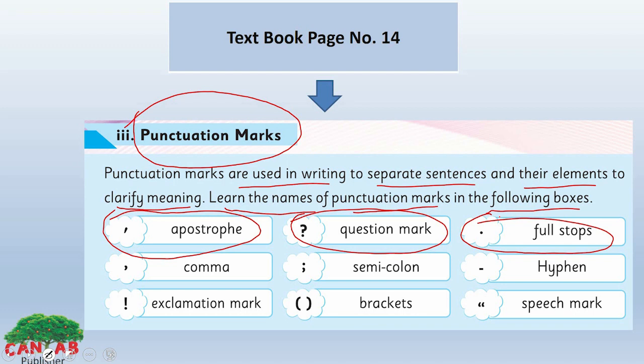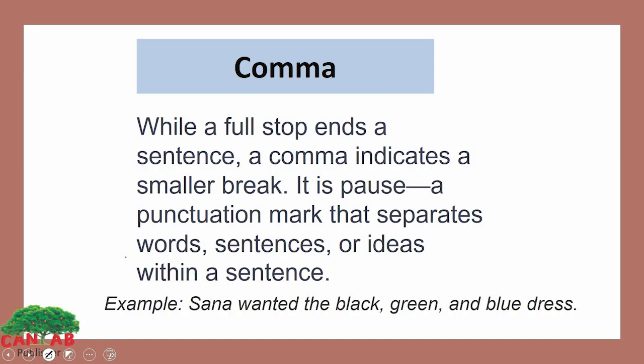Now let's discuss commas. What are commas? What is their use? While a full stop ends a sentence, a comma indicates a smaller break. It is a punctuation mark that separates words, sentences, or ideas within a sentence.